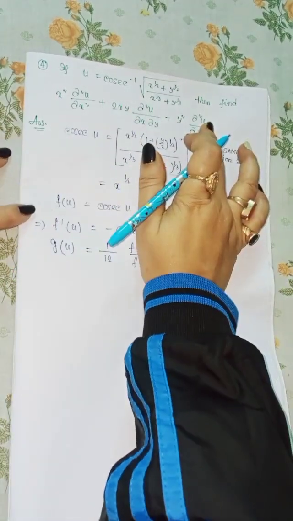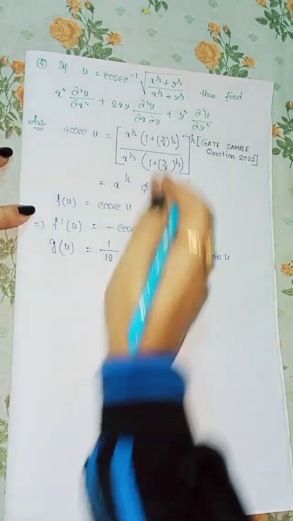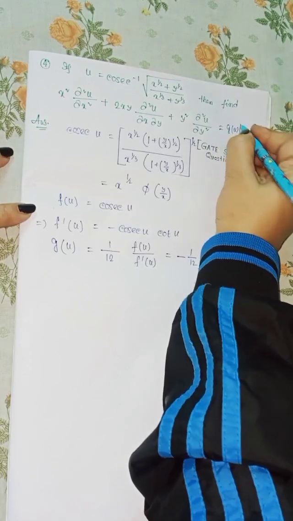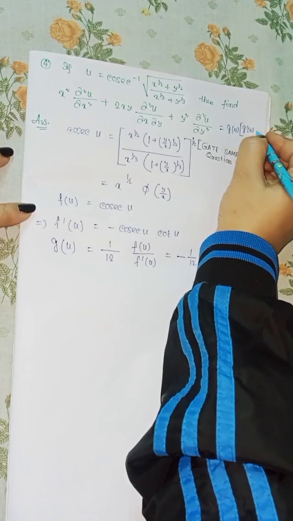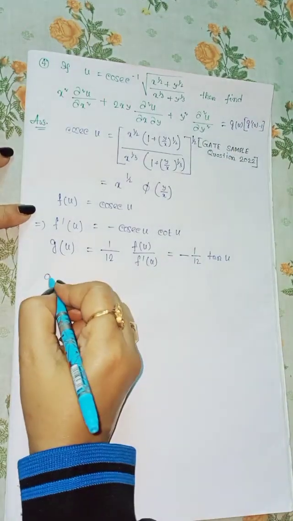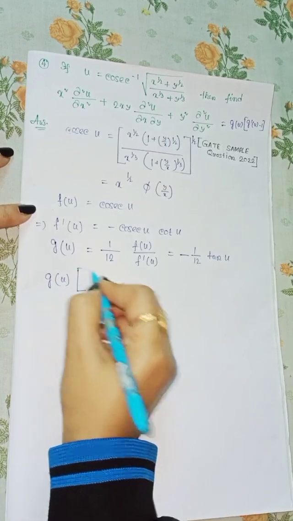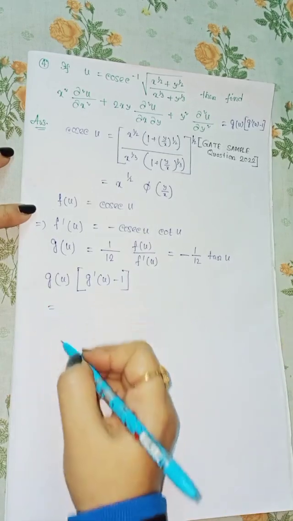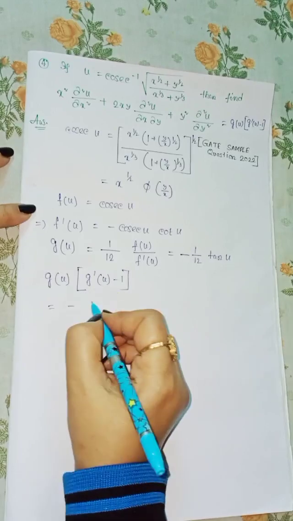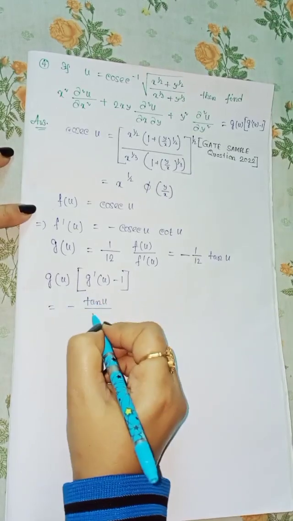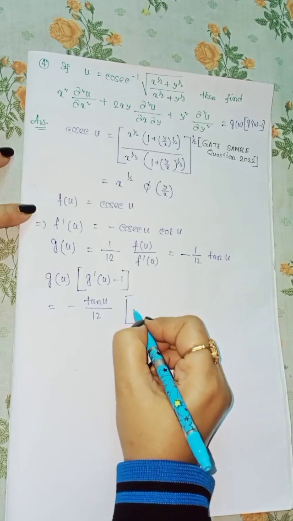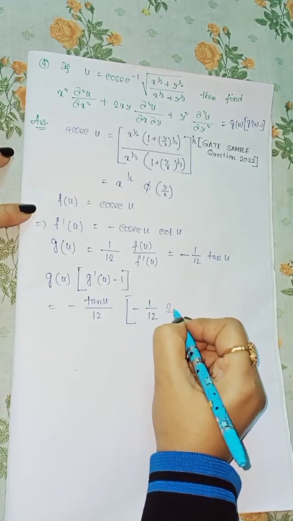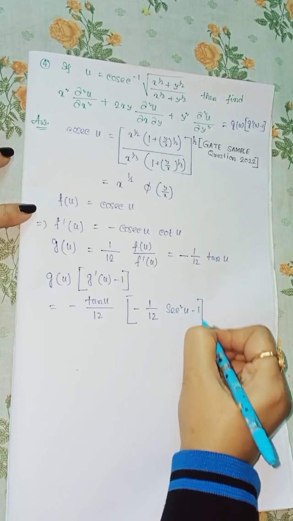So now we just simplify, this one is equals to g u into g dash u minus 1. So now g u into g dash u minus 1 is equals to, putting this value, tan of u by 12 and bracket, just differentiating, 1 by 12 sec square u minus 1.